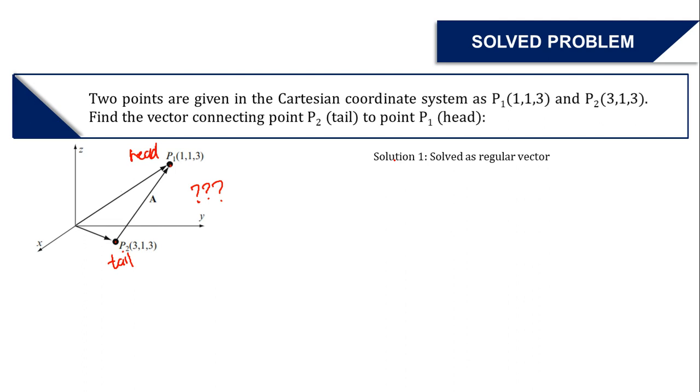Okay? So ano yung formula na ginagamit natin? Ito. So our vector A is equal to x hat times yung difference ng ating scalar component sa x plus y hat times the difference ng ating scalar component sa y plus z hat times the scalar component sa z.